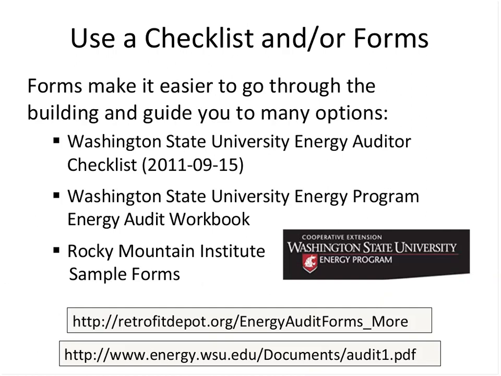Rocky Mountain Institute has sample forms, and I'll show you later too, ASHRAE has forms that you can download free. So there are some URLs for where to get forms and lists when you go through the building. That way you know that you're going to check everything. You're going to have the data in a comprehensive format, so when you sit down to analyze it, you've got the information that you need.